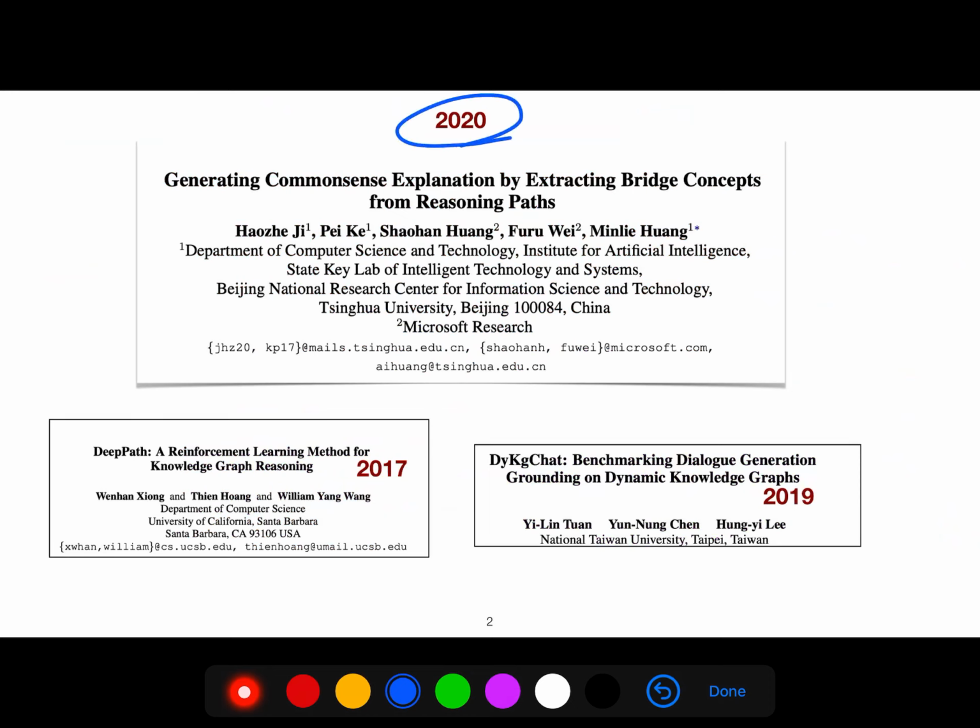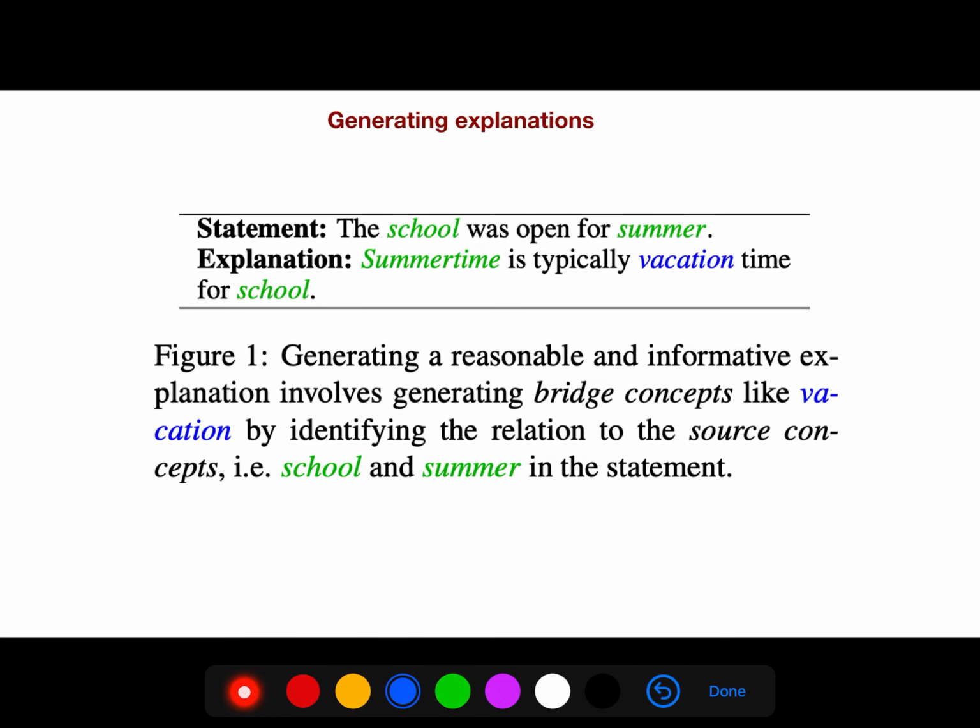So this is an article from 2020, and I want to explain this one. So the statement, "the school was open for summer," you can say this is wrong.